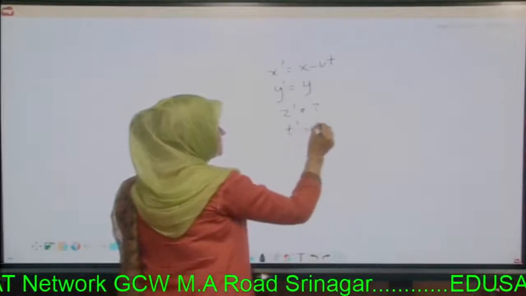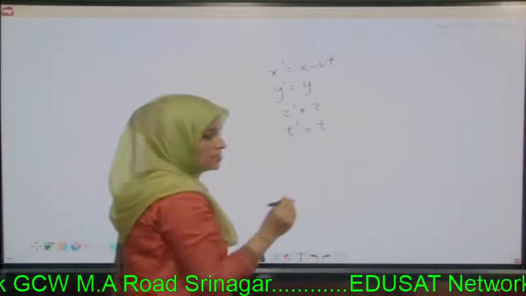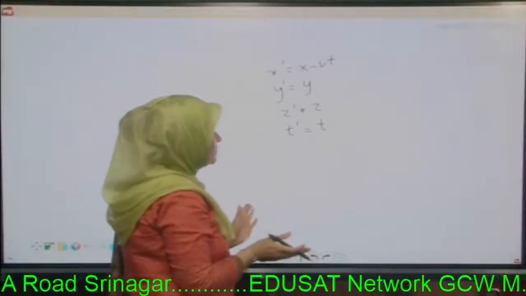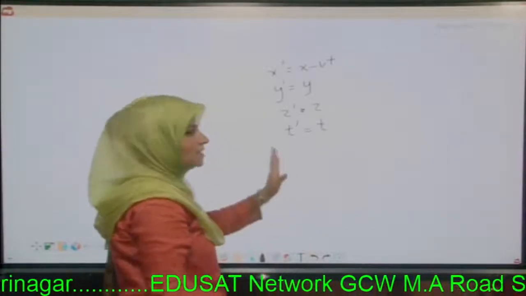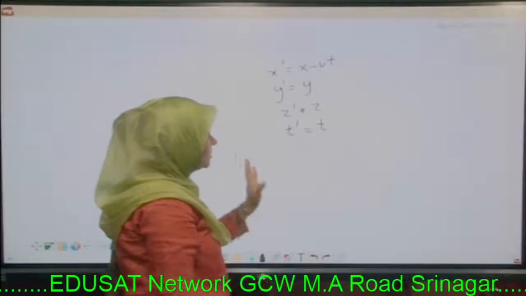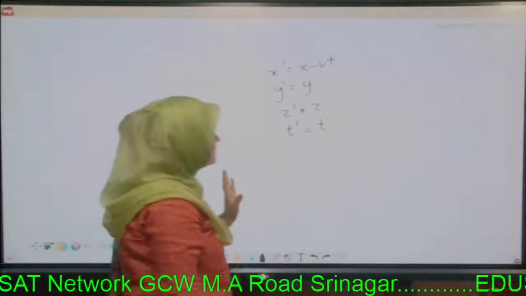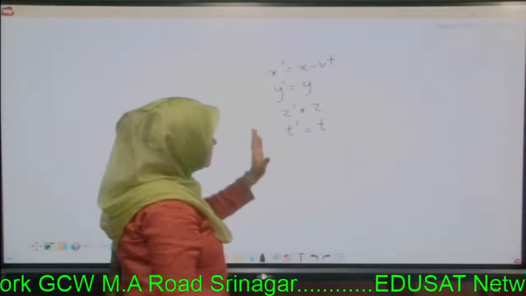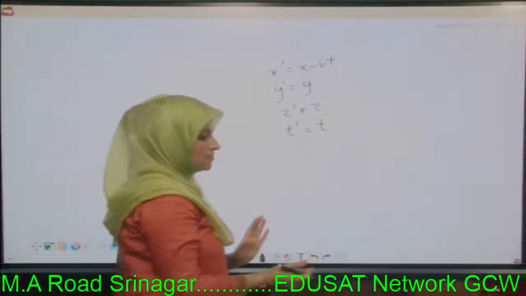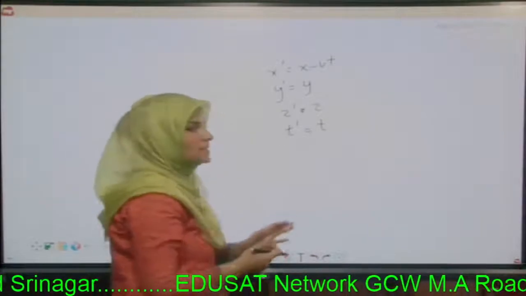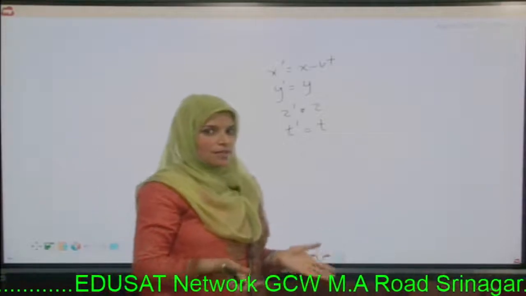So these were the Galilean transformation equations that were available with us as a standard convention, but they have failed in terms of observing an event that is moving with velocity of light. So in order to make these equations consistent with the observations of special theory of relativity, we want to make certain changes. That is what we have arrived at.